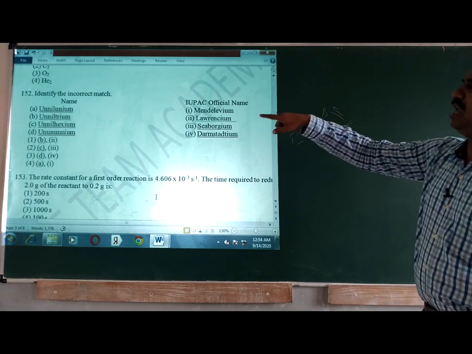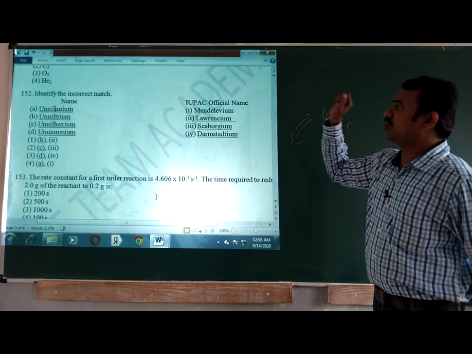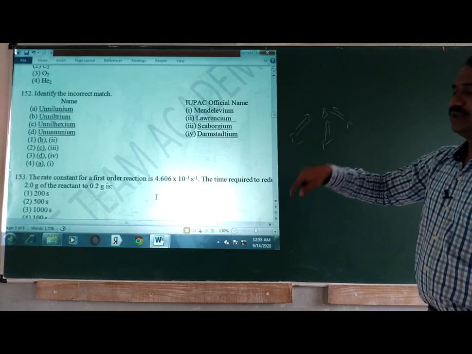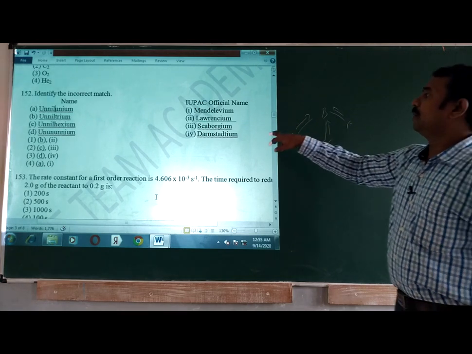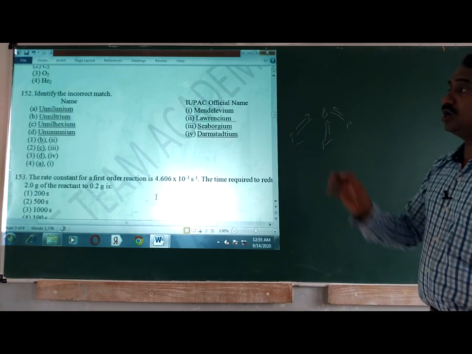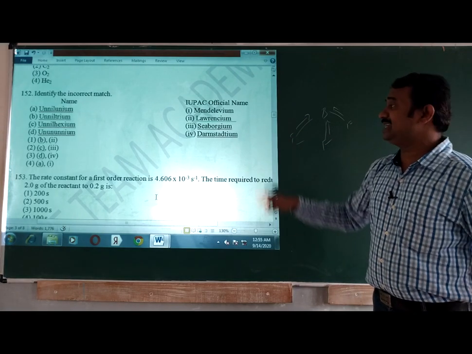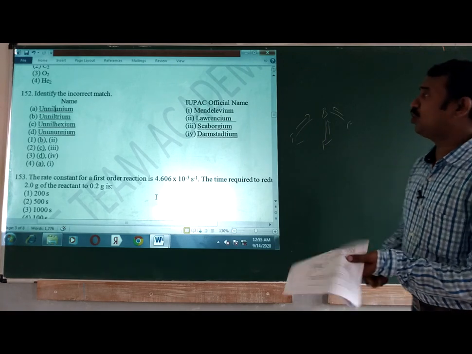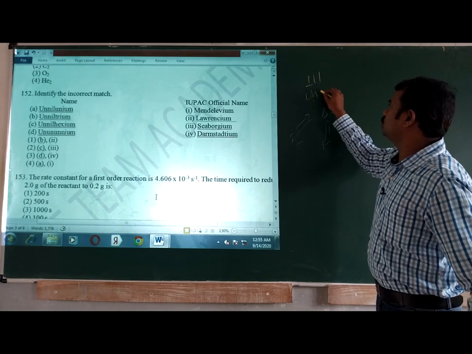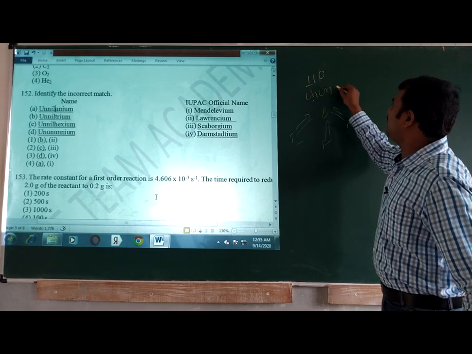Next, unnilhexium, 106, is seaborgium. But darmstadtium is ununnilium, 110, not unnilunium. Here ununnilium means 110.